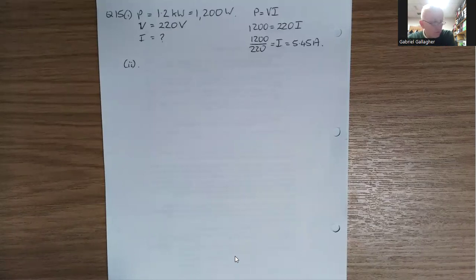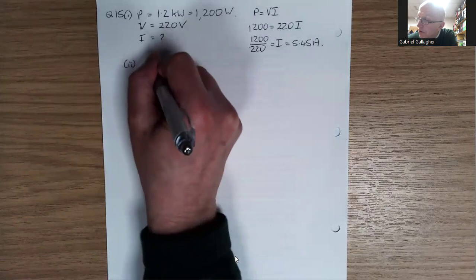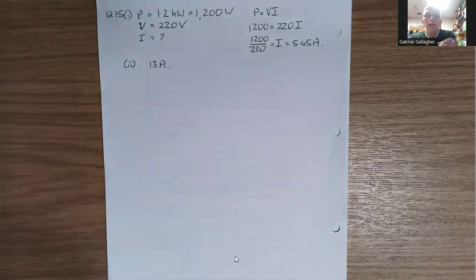If you have a 5 amp fuse and you turn on that kettle, 5.45 amps flows and the fuse will melt because the current is greater than the rating of the fuse. So we need a fuse with a rating greater than 5.45 amps. The next highest one up is 13 amps. You just choose the next current rating upwards.